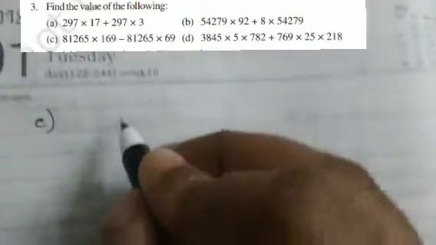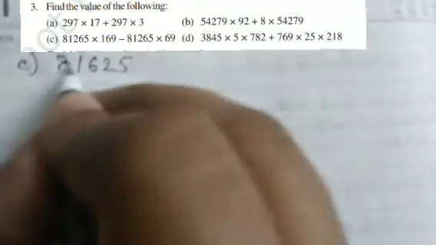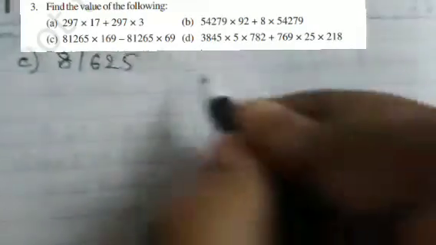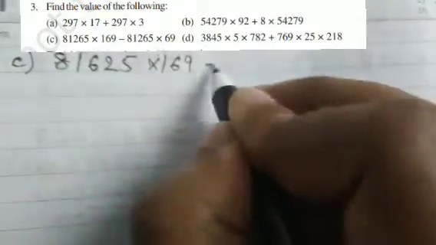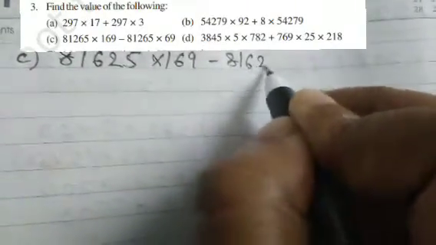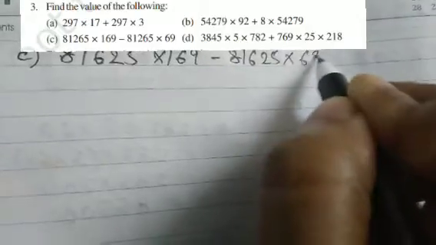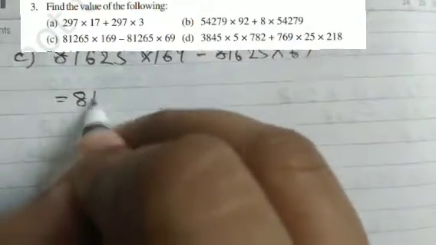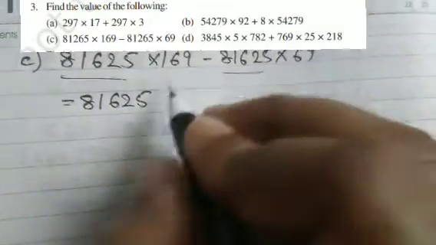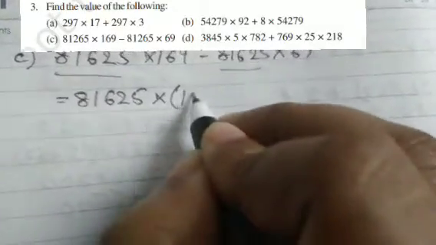Same thing with minus is your question number C, which is 81625 into 169 minus 81625 into 69. So what will this be? 81625, which is common in both, if you see, into 169.